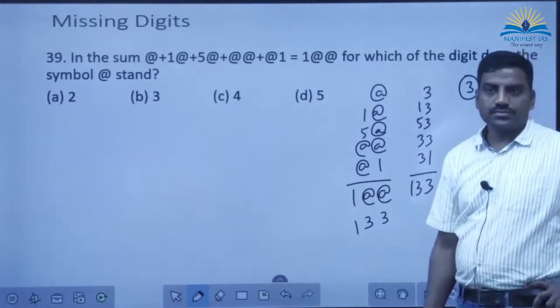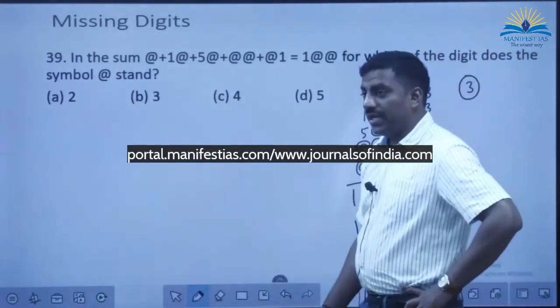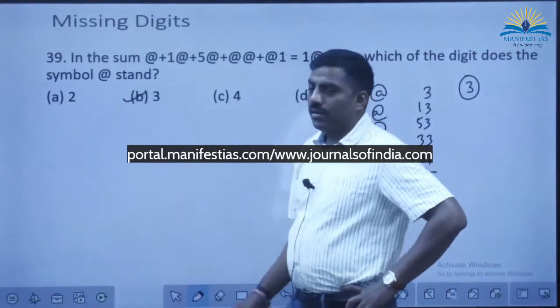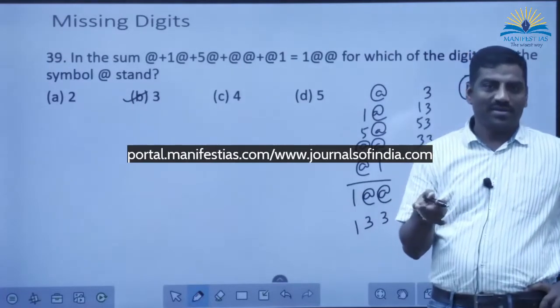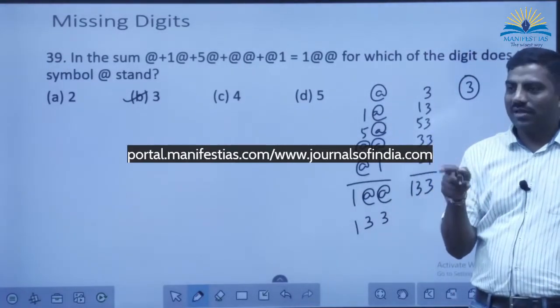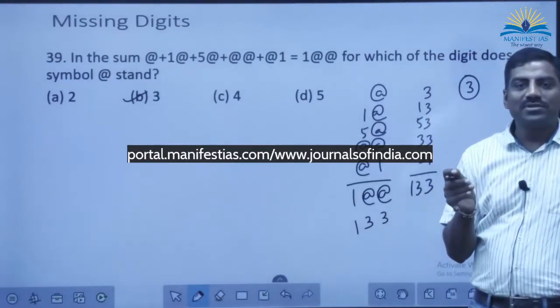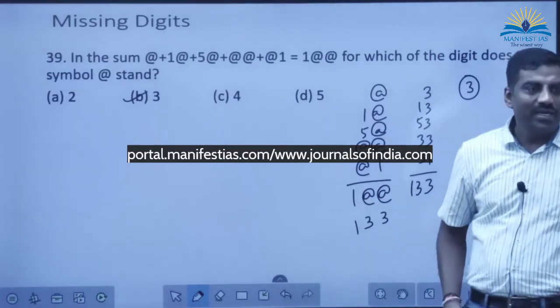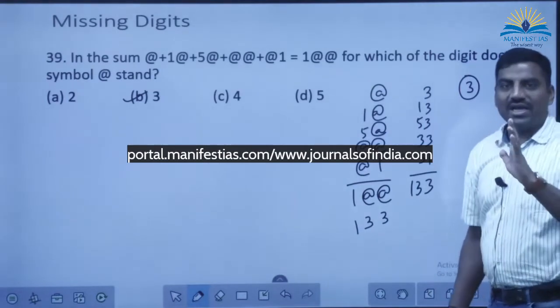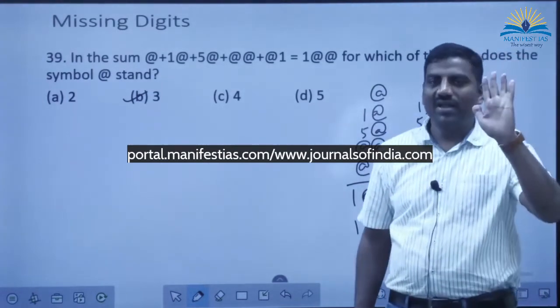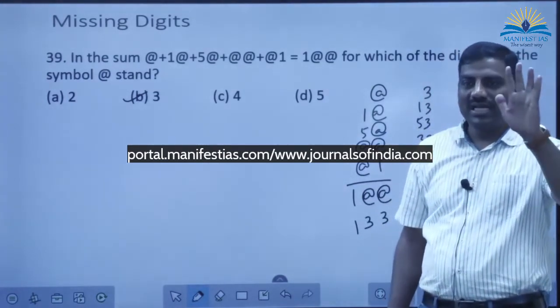Done? So always we are having the options around 3 only. 3 is such a number which can be used in many tricks. So when you are thinking of such problems, keep 3 in mind. And it is not the ultimate solution.